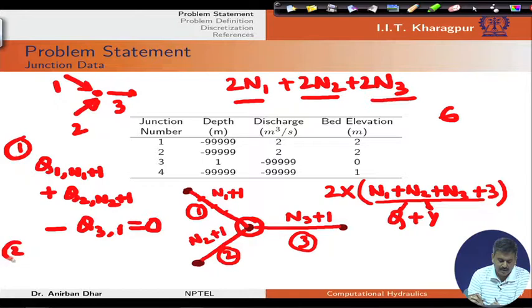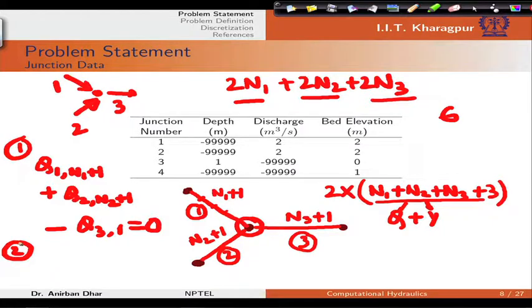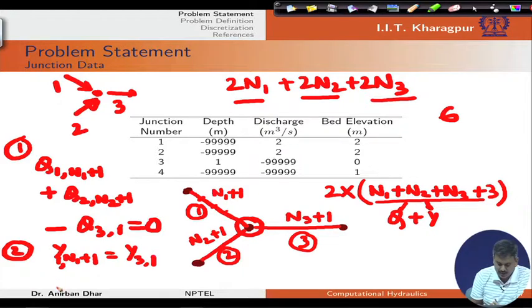Next is the energy condition, because we have considered that the junction or end sections are at the same elevation at the junction. So, we can consider that y 1 N1 plus 1 equals y 3 1, and the third condition y 2 N2 plus 1 equals y 3 1.